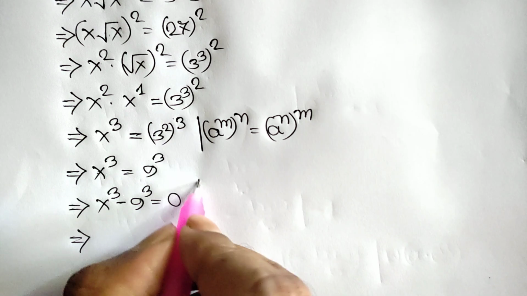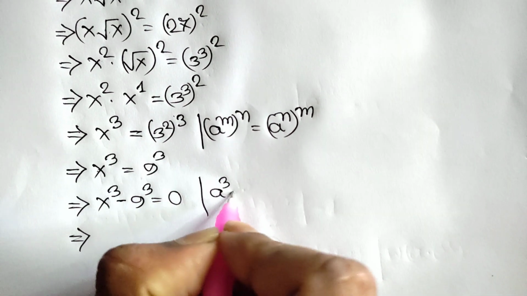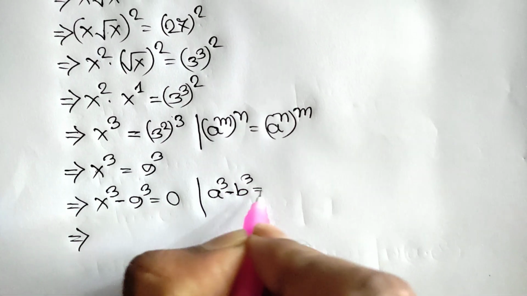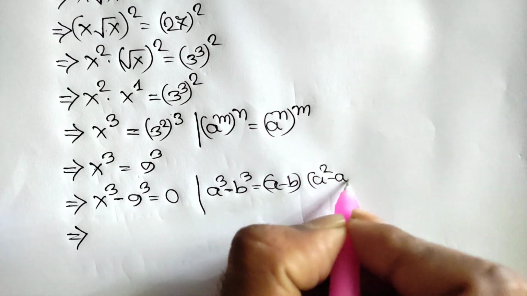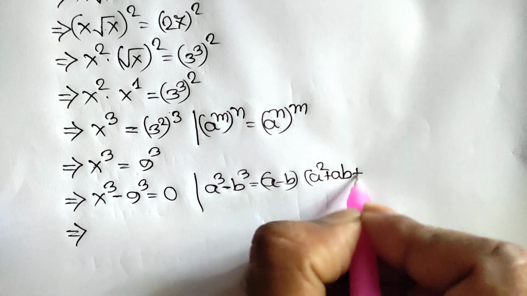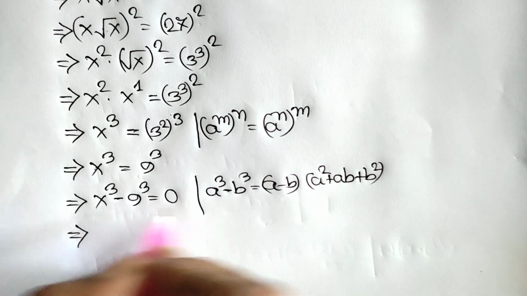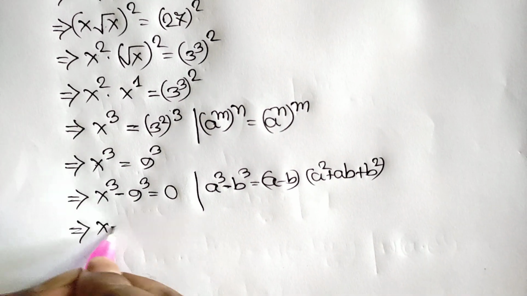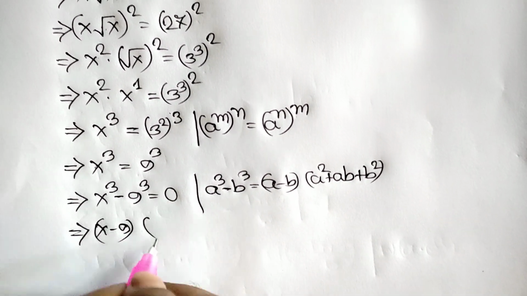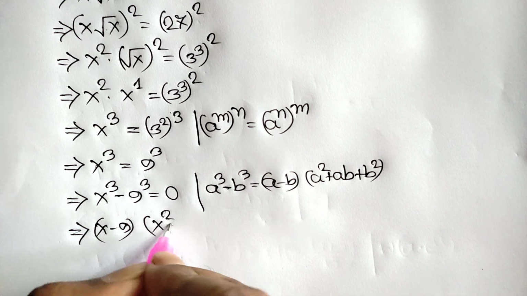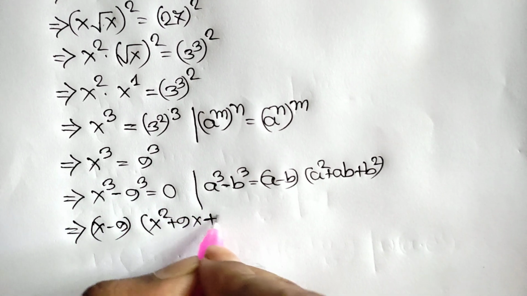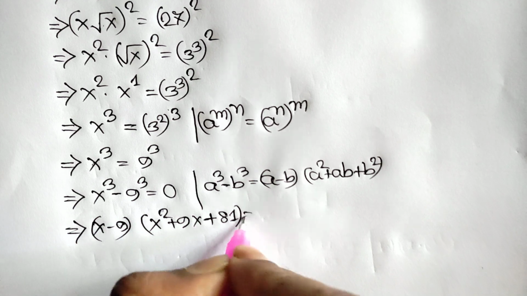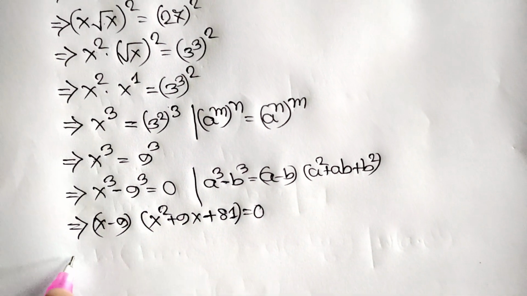We know a cube minus b cube is equal to a minus b times a square plus ab plus b square. Applying this rule here, we can write x minus 9 times x square plus 9x plus 9 square, that means 81, is equal to 0.